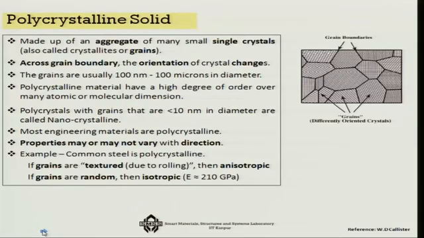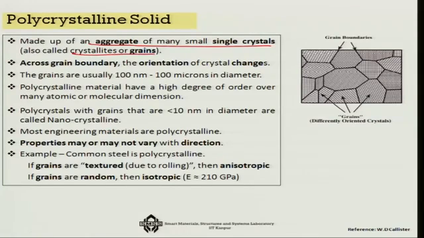Now, let us come to the polycrystalline solids, because this is much more practical, since there are always impurities in a material. As I have mentioned here, they are aggregates of many small single crystals. They are also called crystallites or grains.